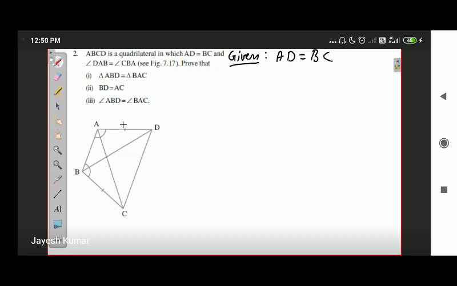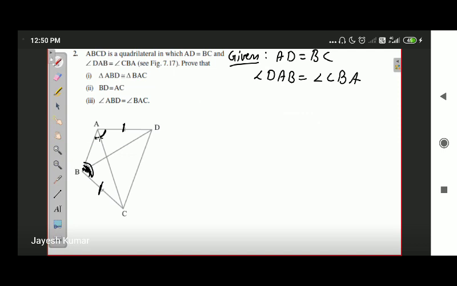AD is this line segment, BC is this line segment. And angle DAB is equal to angle CBA. Angle DAB is equal to angle CBA. This complete angle A, DAB, and this complete angle B are equal.